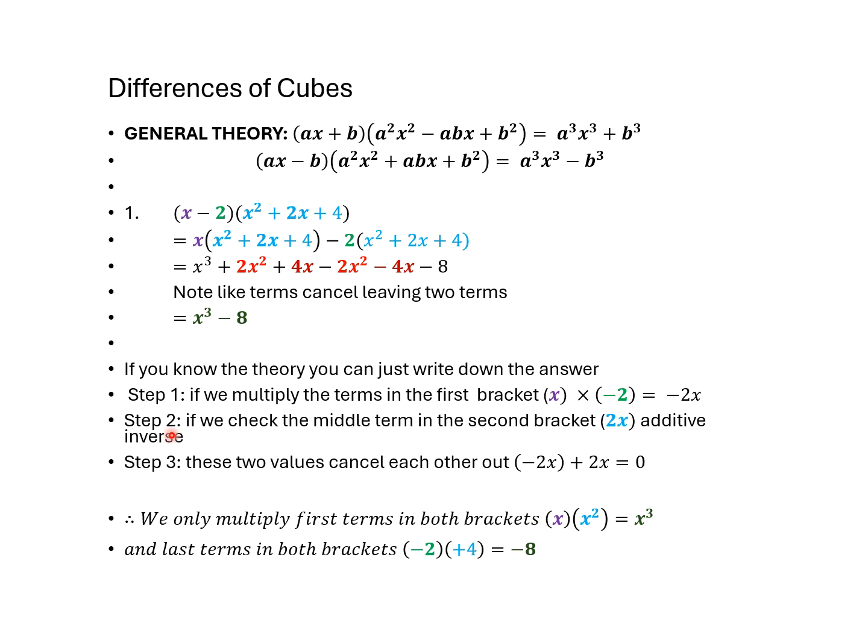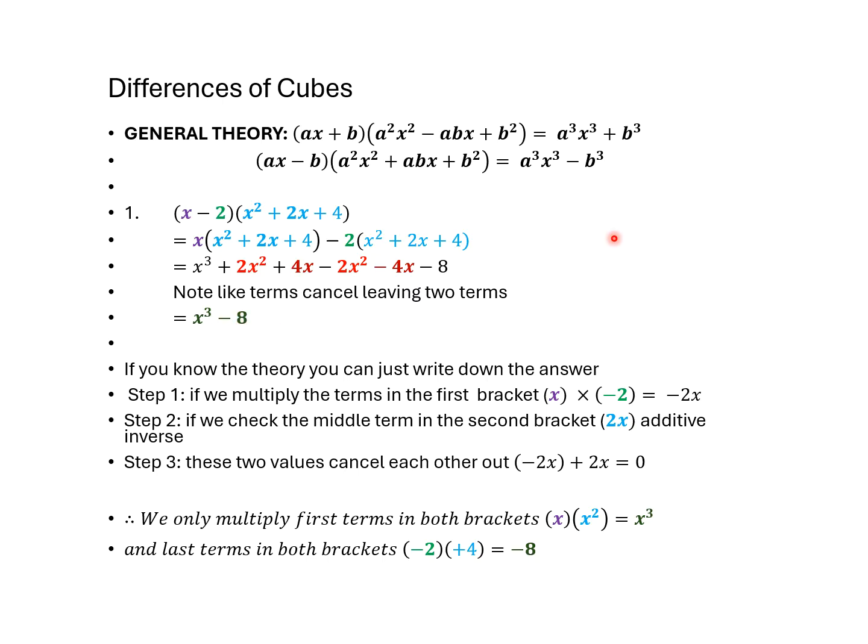If the two are additive inverses, meaning minus 2x plus 2x would give me 0, I then know we're only multiplying the first term with the first term and the last term with the last term. So we just say x times x squared gives me x cubed, and then minus 2 times 4 gives me negative 8. And we have my answer.